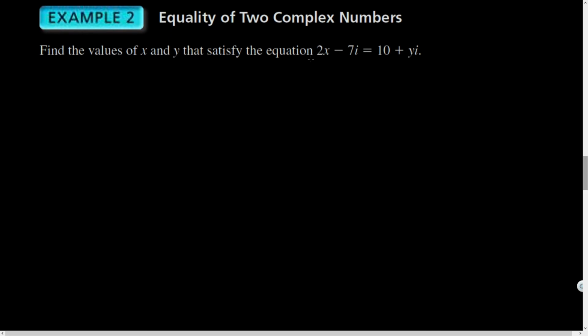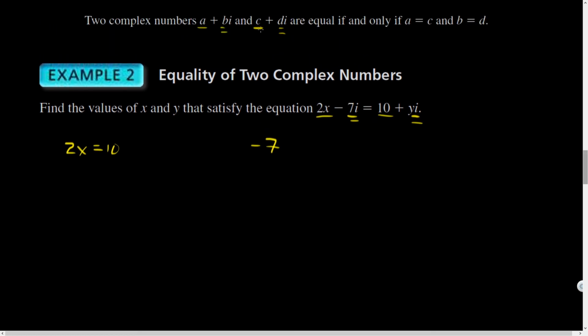So here's two imaginary numbers. Find the values of x and y that satisfy the equation. Well, I know that 2x must equal 10, right? Those are the real parts. And I know that -7i must equal, well, actually, we don't even need the i part, because we just said a moment ago that b and d must be equal.